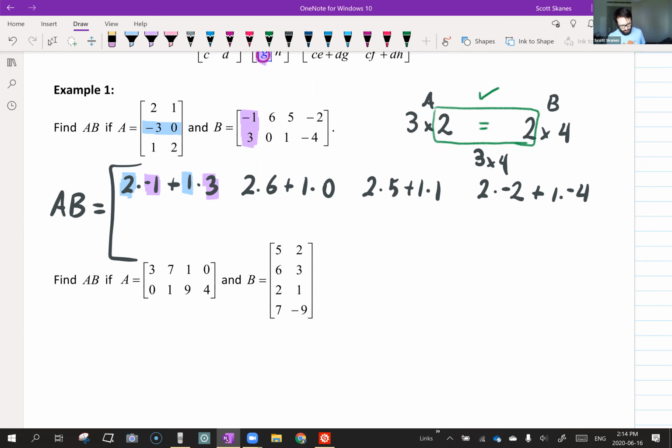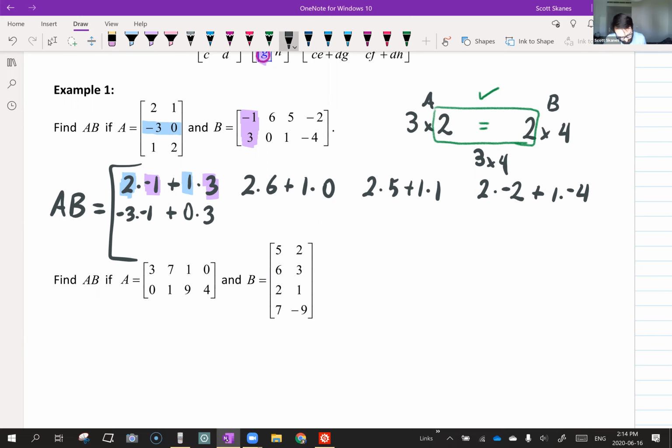You say 0, but actually it's not 0. Nasser, you're saying negative 3 and 0. Be careful here. It's negative 3 times negative 1, which is positive 3, plus 0, which is going to be positive 3.